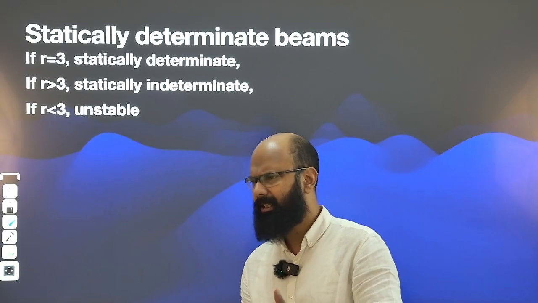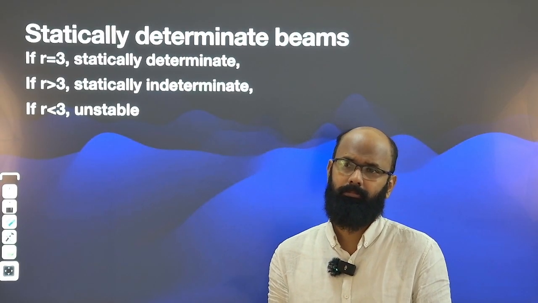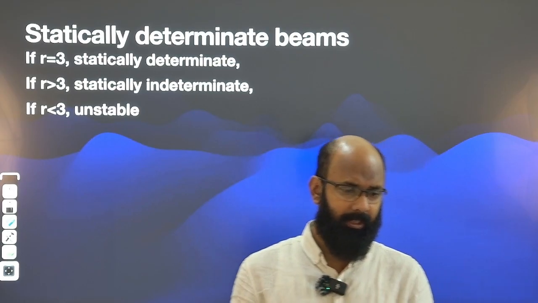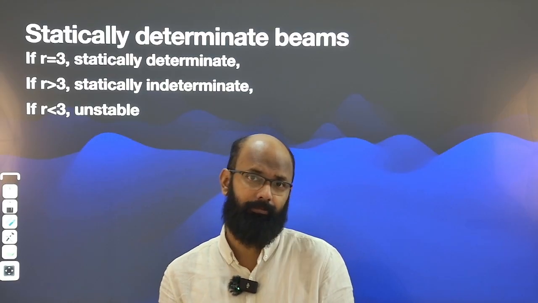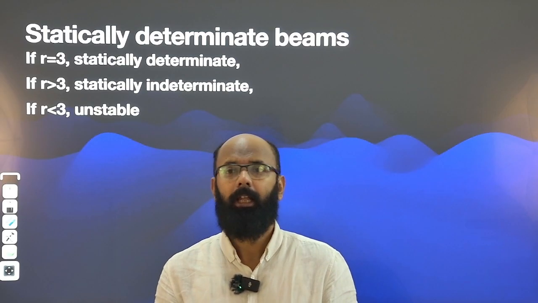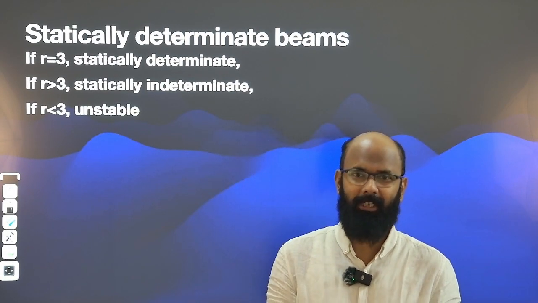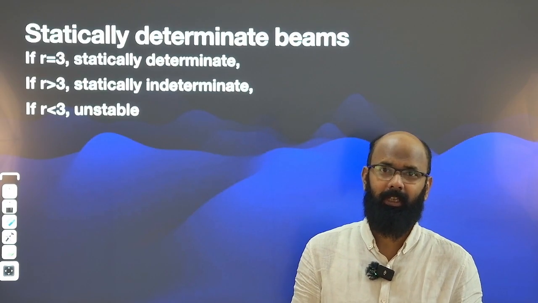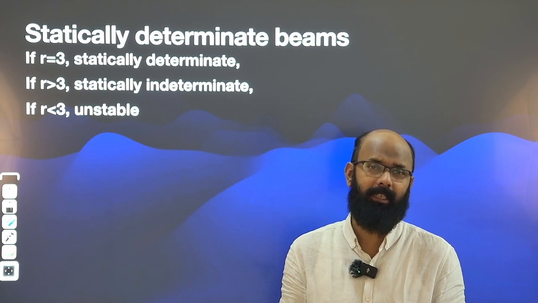Now you can ask, sir, what would be the third option, if the number of reactions is less than 3? Then the structure would be unstable in itself. It could not be stable under any loading circumstances.